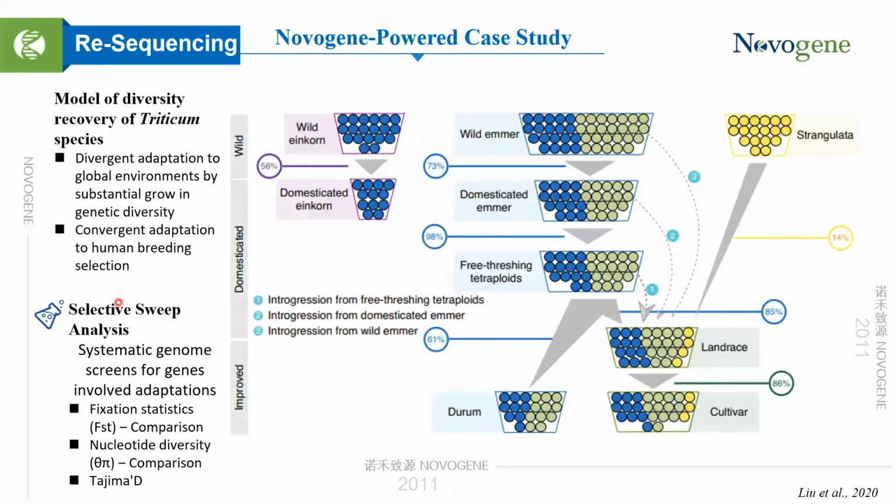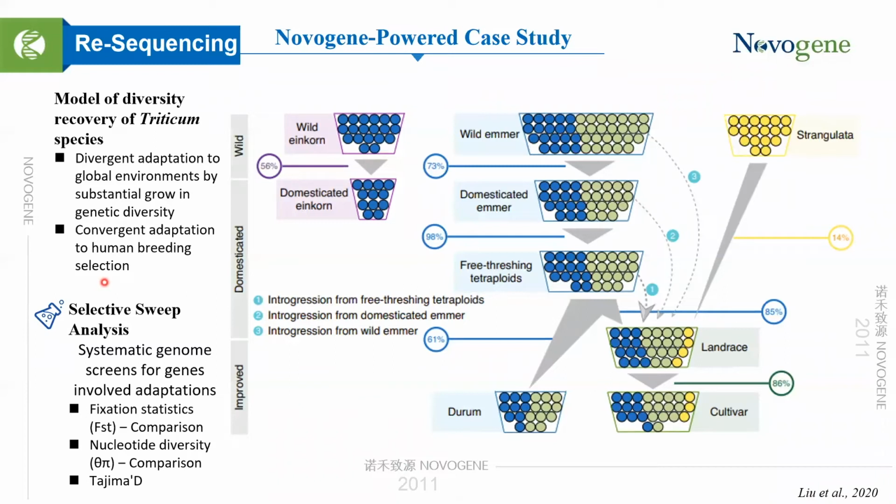And to further investigate the evolutionary patterns of global adaptation in bread wheat, selective sweep analysis was subsequently conducted, and the performance of it enables the systematic genome screen for the genes involved in the adaptations and allows the researchers to reconstruct the model of diversity recovery in the bread wheat.